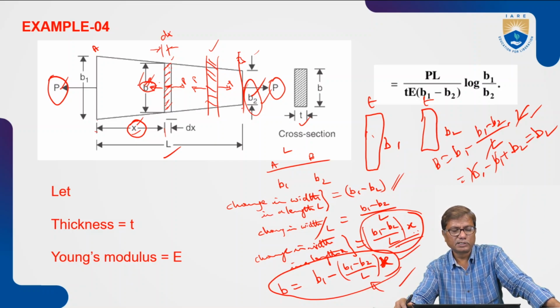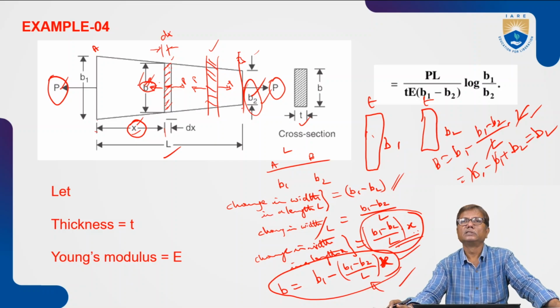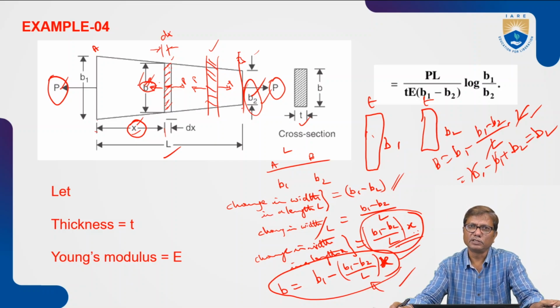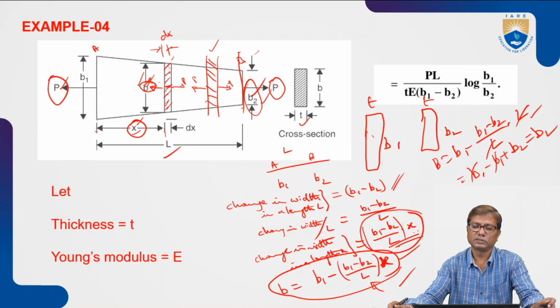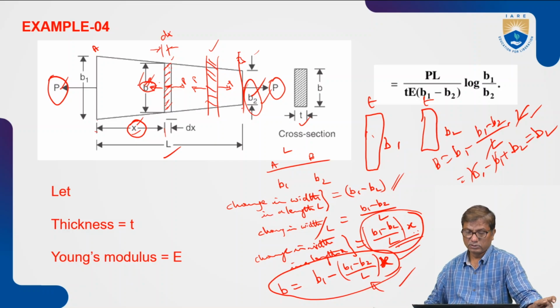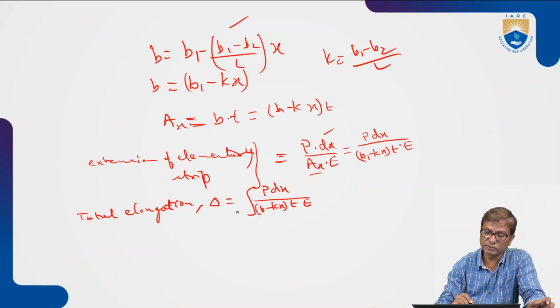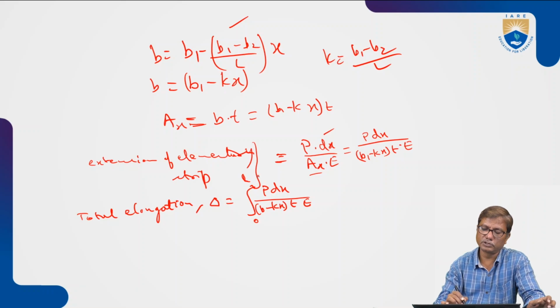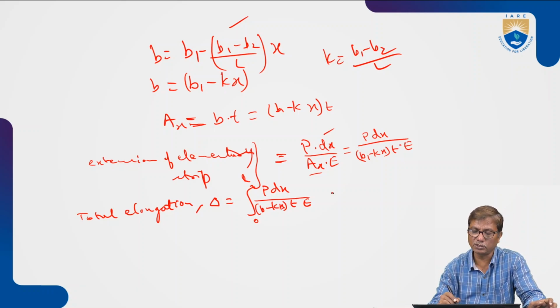Being a function of x, we can use integration for finding out the total elongation. So what is the integral of this? The total elongation is obtained as the integral of this between the limits 0 to L. The limits of x are 0 to L.